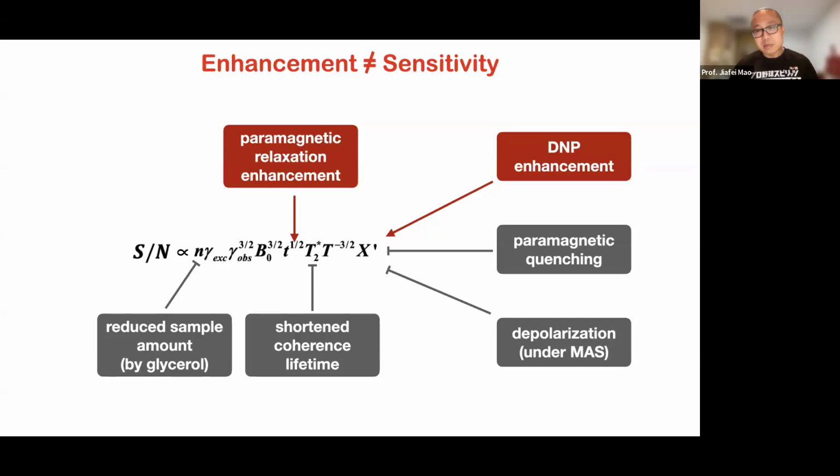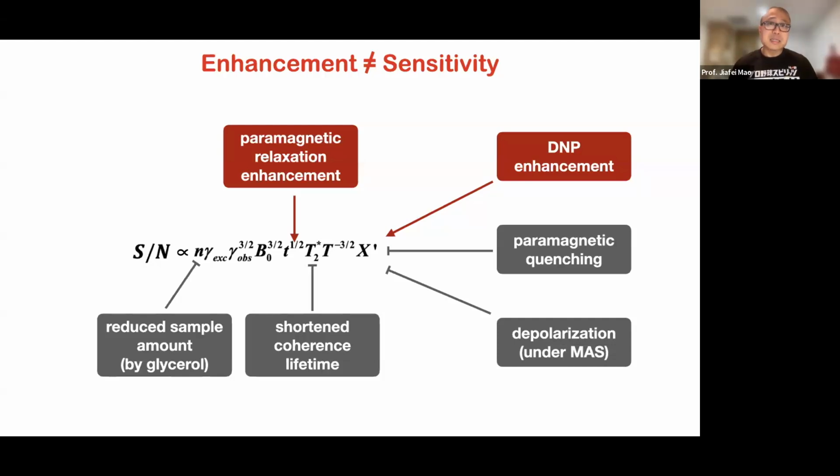But there are a number of other negative factors, for example, the paramagnetic quenching introduced by paramagnetic radicals. Some radicals, especially some nitroxide radicals, do show significant depolarization under magic angle spinning that will actually eat up a part of the sensitivity. Also, the paramagnetic species will shorten the coherence lifetime, and that will be a problem if you want to set up a very complicated recoupling experiment.